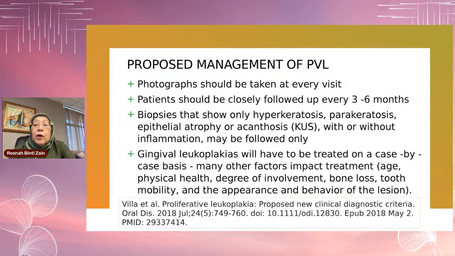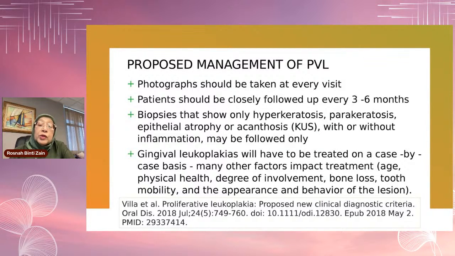Patients should be closely followed up every 3 to 6 months, and biopsies that show only hyperkeratosis, parakeratosis, epithelial atrophy, or acanthosis, or which is named as KUS, keratosis with unknown significance, with or without inflammation, may be followed only.